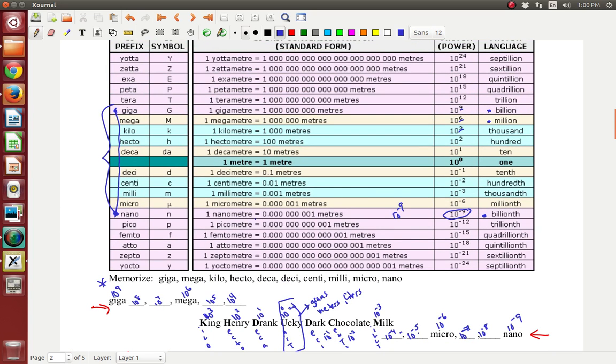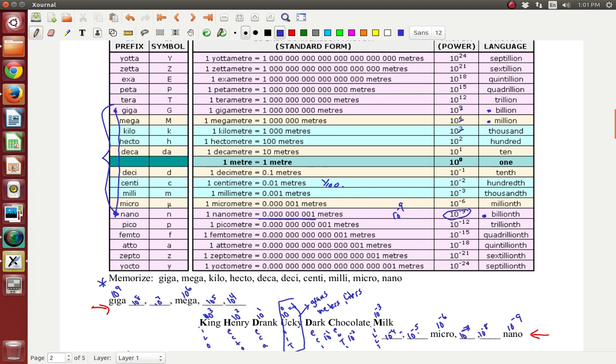A nanometer is that tiny. That's 1/billionth. Another way of saying a billionth is 10 to the minus 9. So if it's this small, then it takes 1 billion of them to make a meter. Just like a centimeter is 1/100th of a meter. So that means it takes 100 of them to make a meter. Just like a penny is 100th of a dollar.